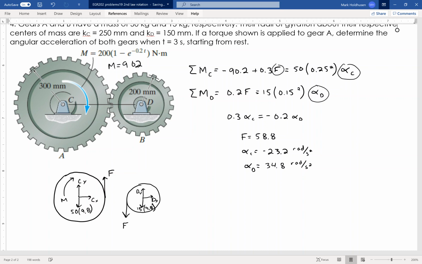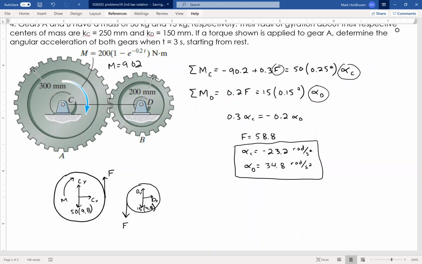Now, the negative tells me my assumption that they were both positive wasn't going to be the case. Alpha C is actually the one rotating clockwise, which we probably know because of the moment applied to it. But again, you can make no assumptions, just assume they're both positive and then one will be negative and you get it out that way.